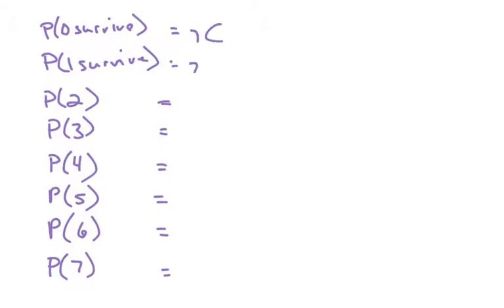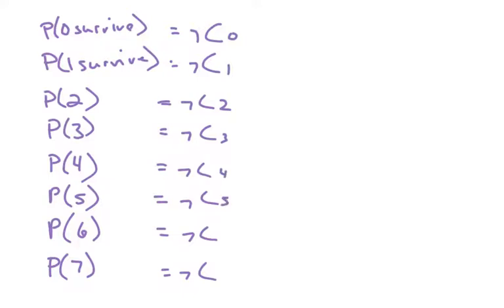It's going to be 7C something, 7C something, and so on. Now, this is where things start to change. This number right here, our k value, is going to go right here. So in this case, it's going to be 7C0, 7C1, 2, 3, 4, 5, 6, 7.